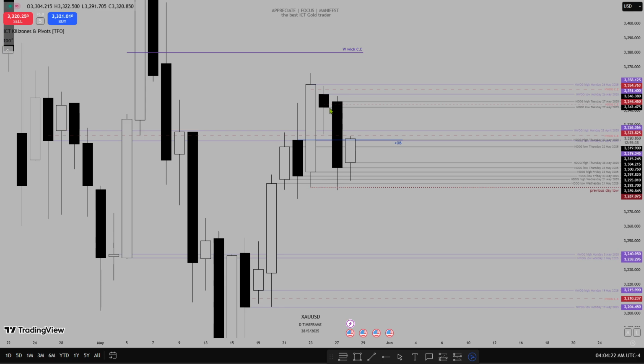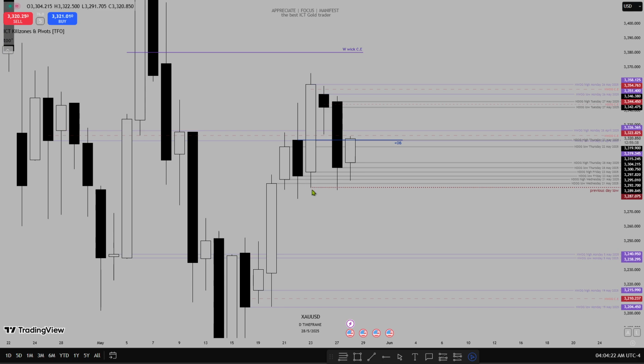So zooming, going down to the daily chart, I was looking at this order block. I didn't see any inefficiencies on the lower time frame. So my eye was on this order block and this low.